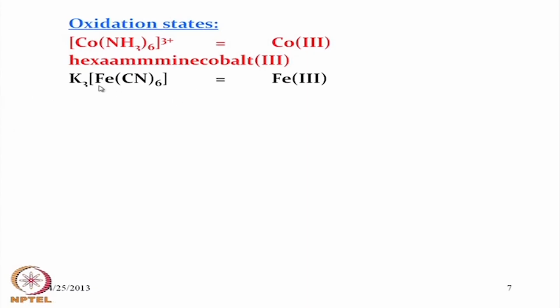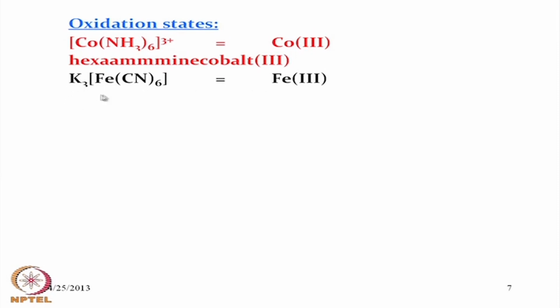Similarly, if 6 cyanide anions are bound to this iron site, depending upon the charge the cyanide anion is providing, that means 6 anionic charges, this iron can have 2 oxidation states, +2 and +3. In this case, if 3 potassium cations are required for charge neutralization, the iron oxidation state should be +3.